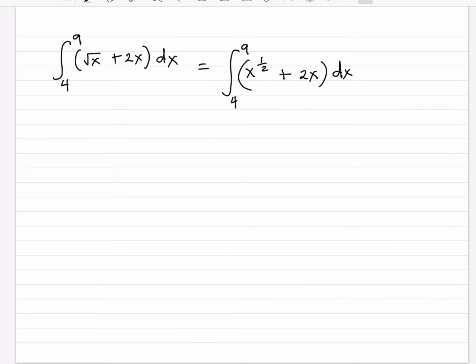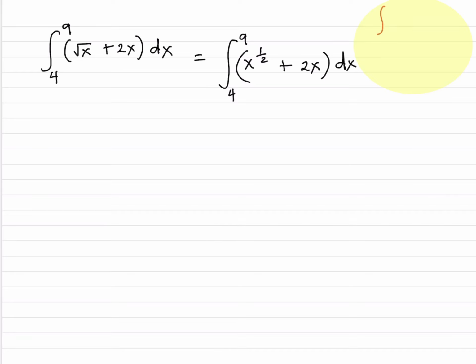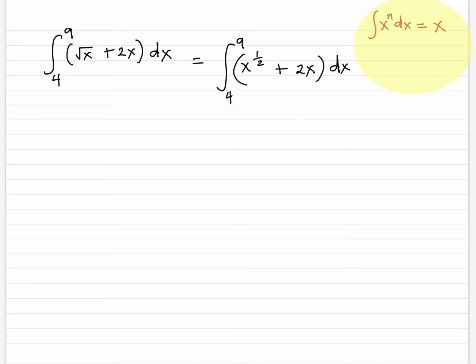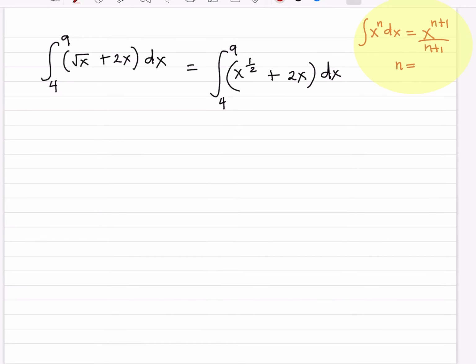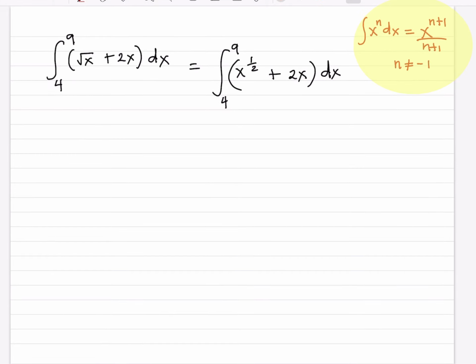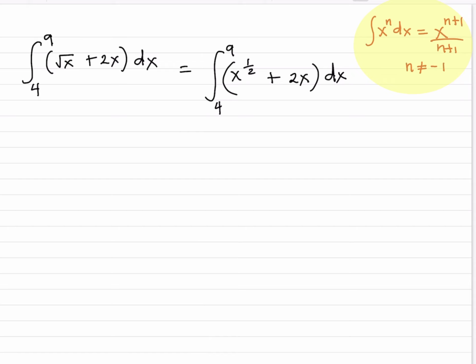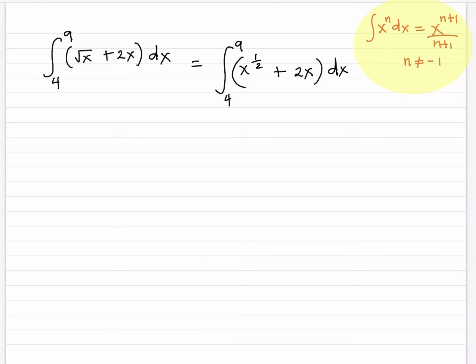Now, using the power rule, or integral of a power, note that we have this rule: x raised to n dx is equal to x raised to n plus 1 over n plus 1, where n is not equal to negative 1. Otherwise, if n is negative 1, then that gives the logarithmic function. And one thing more, if n is negative 1, then the denominator becomes 0.